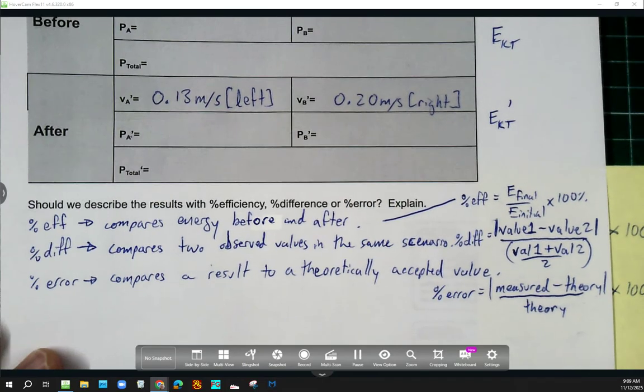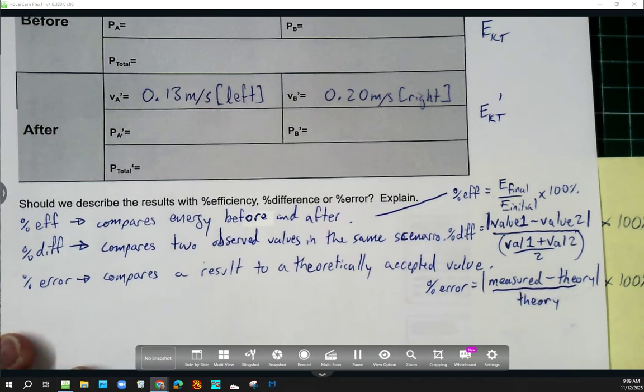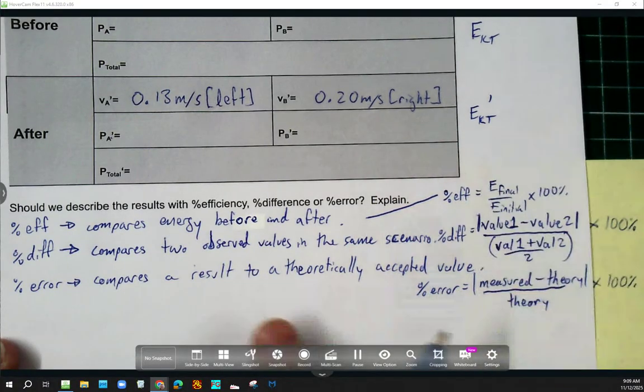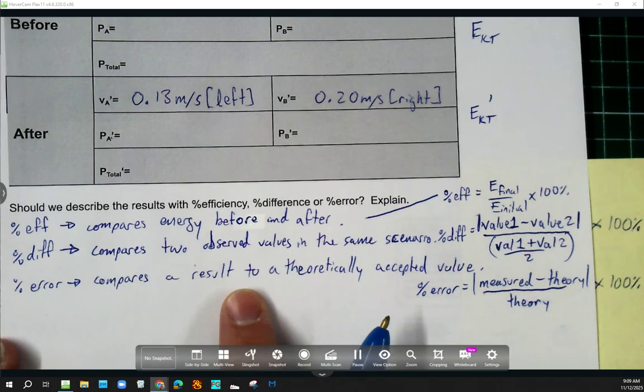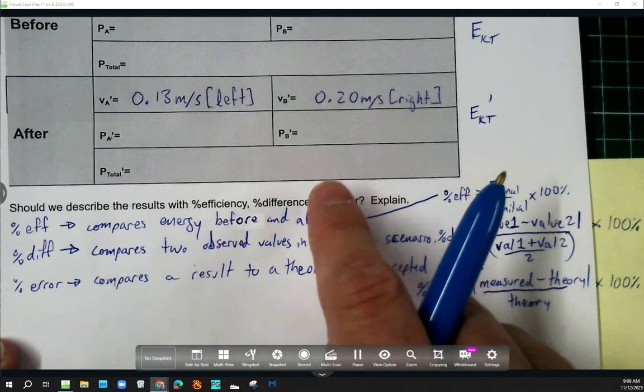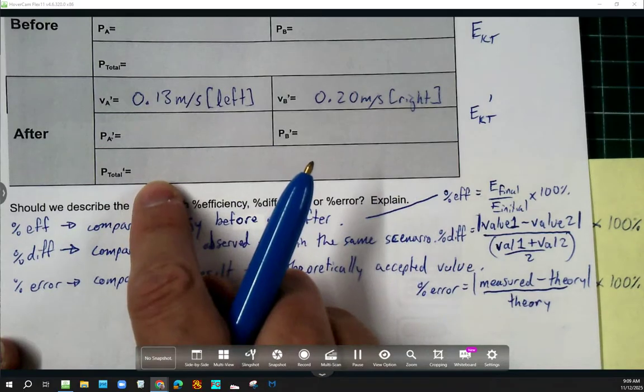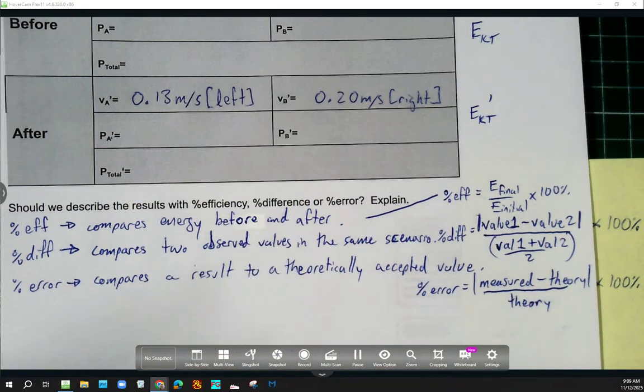Would you compare EK total and EK total primed using which of these percent comparisons? Would it be a different percent comparison than how you would compare the momentums? And how would you choose? Does everybody understand the assignment? That's it, okay? So first do the math, then decide how you're going to compare, and then we'll talk about it, okay? That's it. Go.